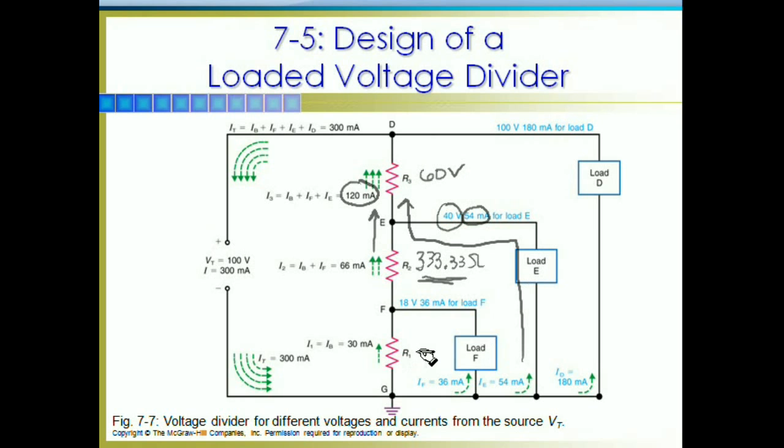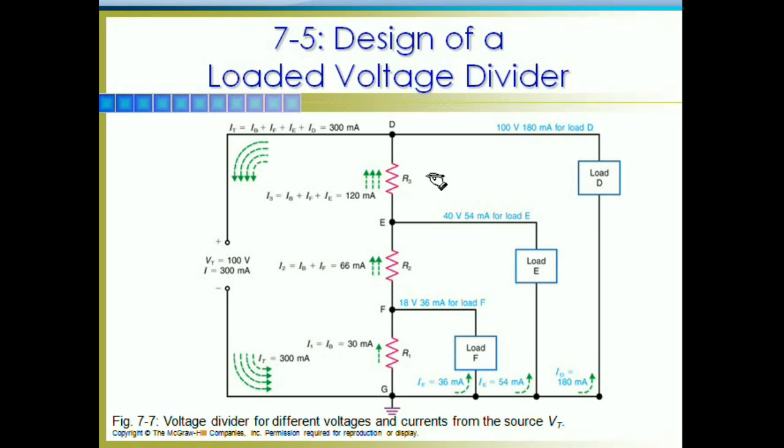Right? So if R1 and R2 are dropping 40, R3 has got to drop 60. So 60 volts over 120 milliamps. Get my calculator going again. 60 divided by 0.12 equals 500 ohms. So this guy is going to be 500 ohms. 333.33 and 600 ohms.